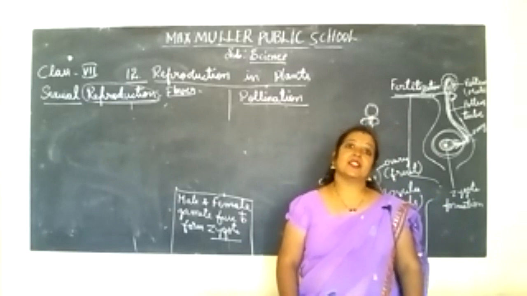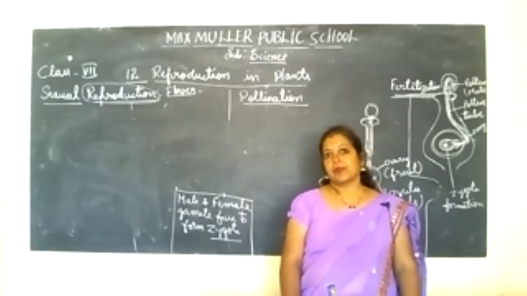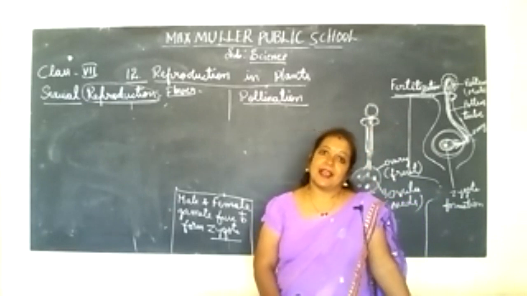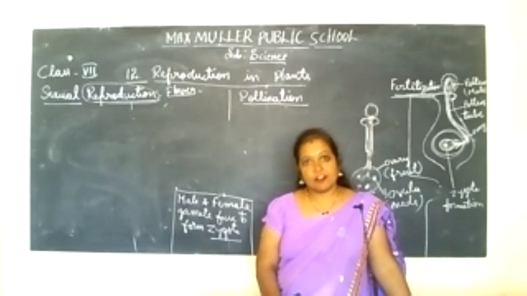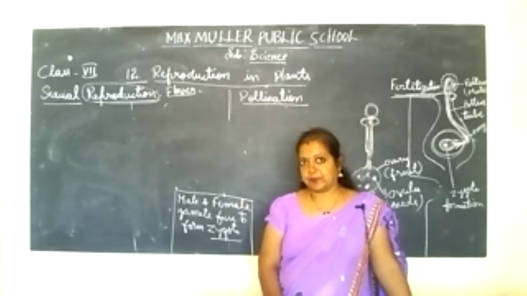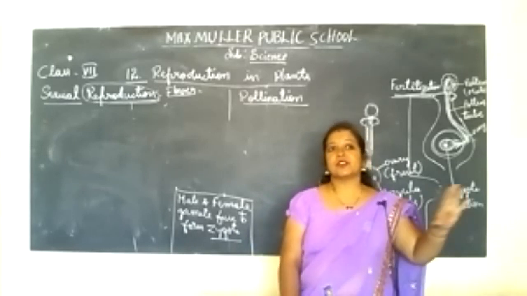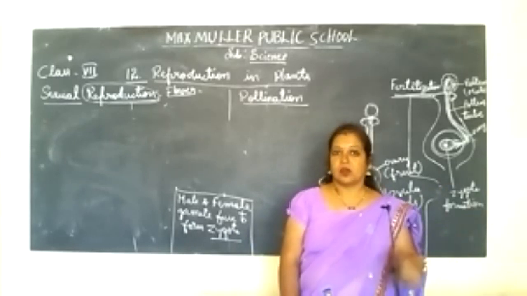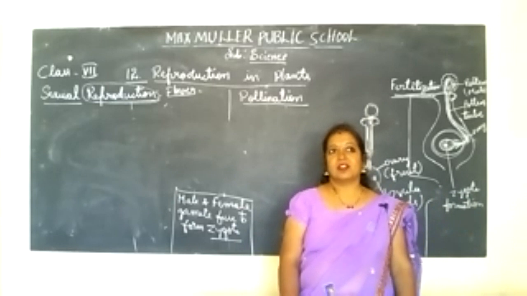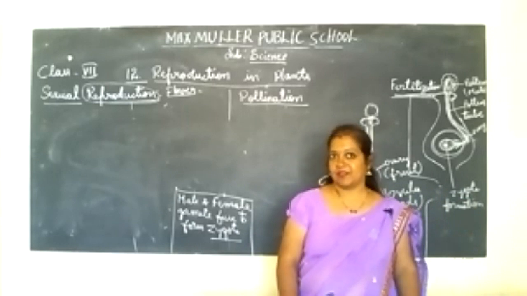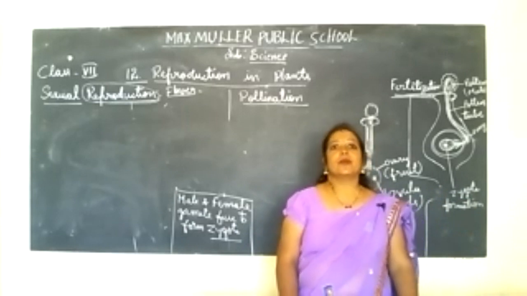So many plants will not germinate, and after germination also many will die because of lack of water and lack of sunlight. That's why seeds have to be dispersed to all parts of the soil. If they are not dispersed, many plants will not germinate and will die there itself.